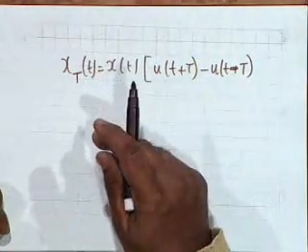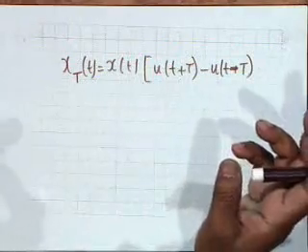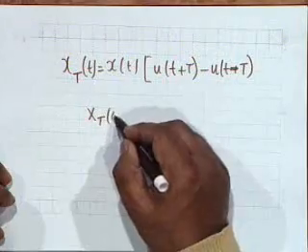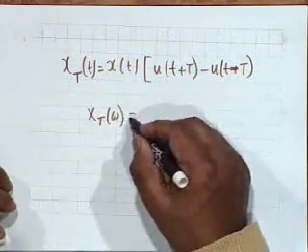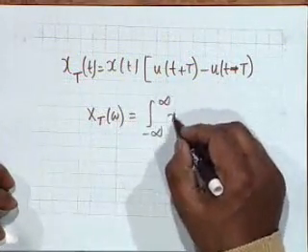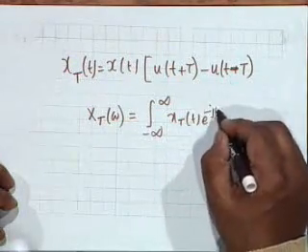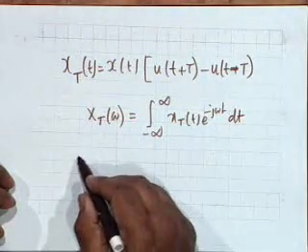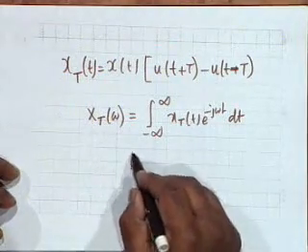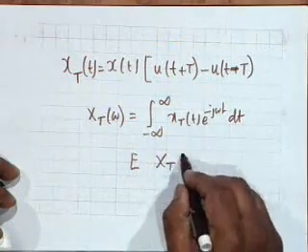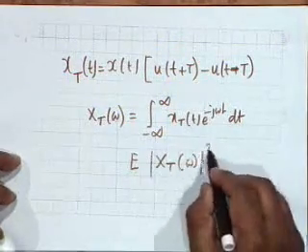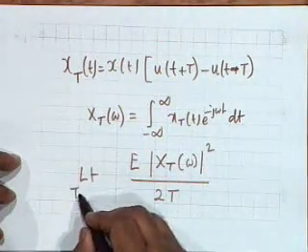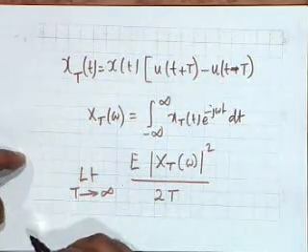Capital T, twice T is the length of the gate, minus T to plus T, and we saw that under this condition we could define a Fourier transform X_T of omega as the integral from minus infinity to infinity of x_T of t e to the minus j omega t dt, and that under this condition one could define this function, that is the magnitude of X_T of omega squared divided by 2T, under the condition that the limit capital T tends to infinity. Is that the definition?